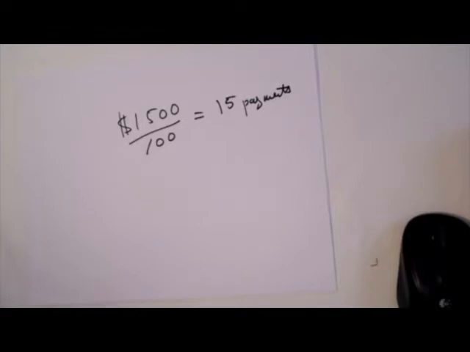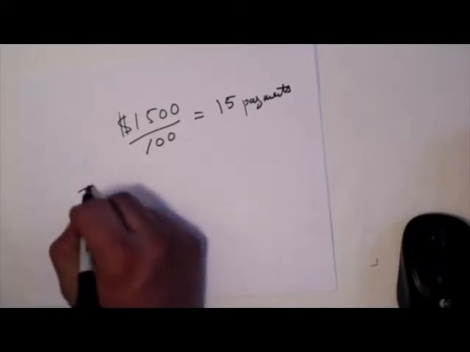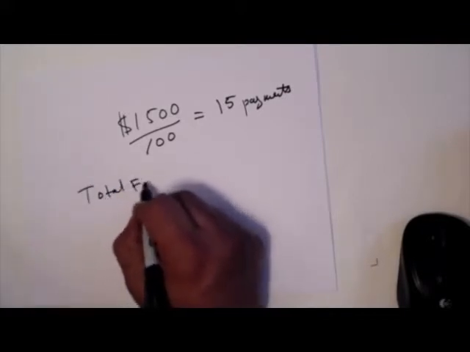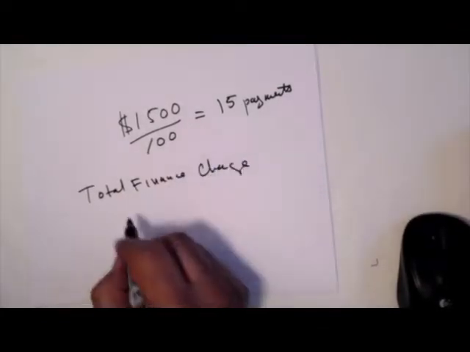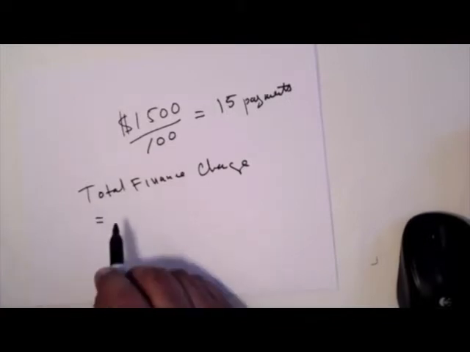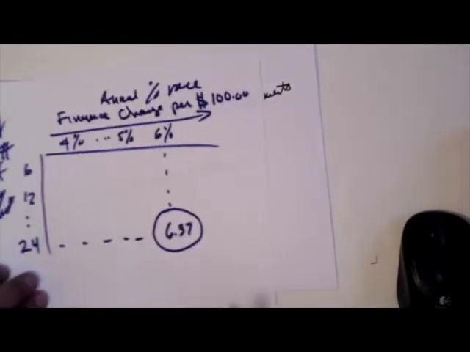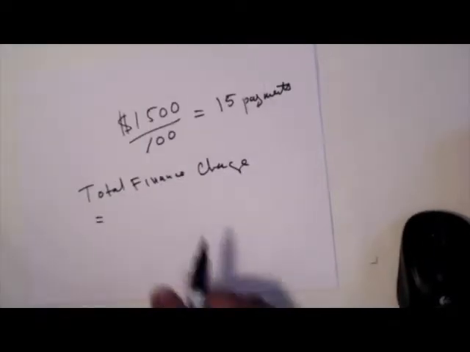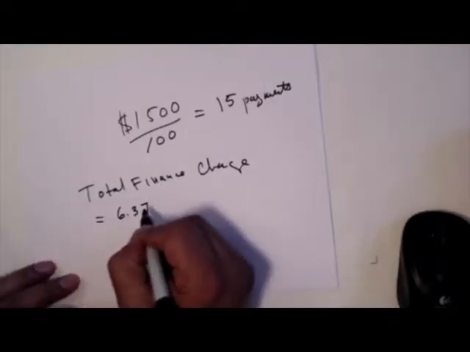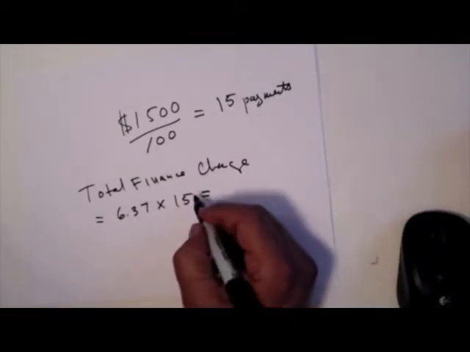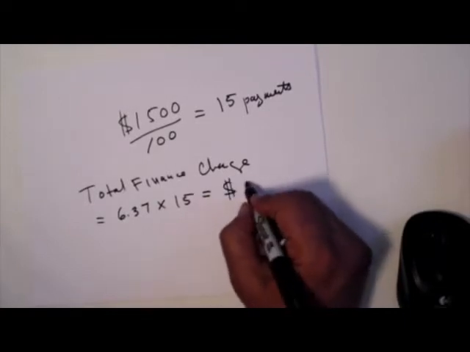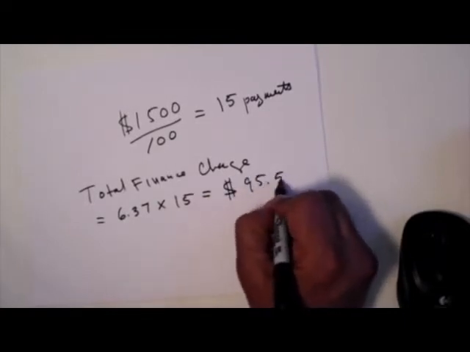Now, in order to find the total finance charge, we need to multiply 6.37 that we got from the table times 15, and this will result in 95.55.